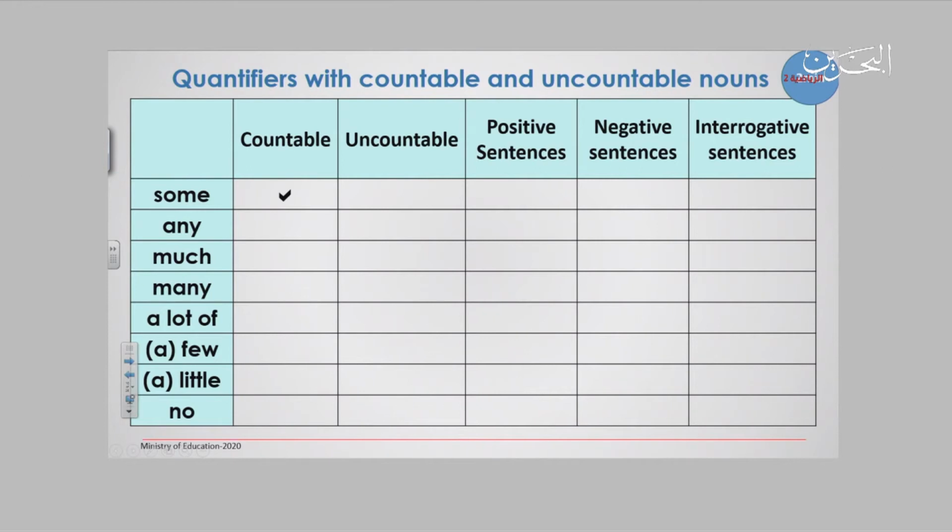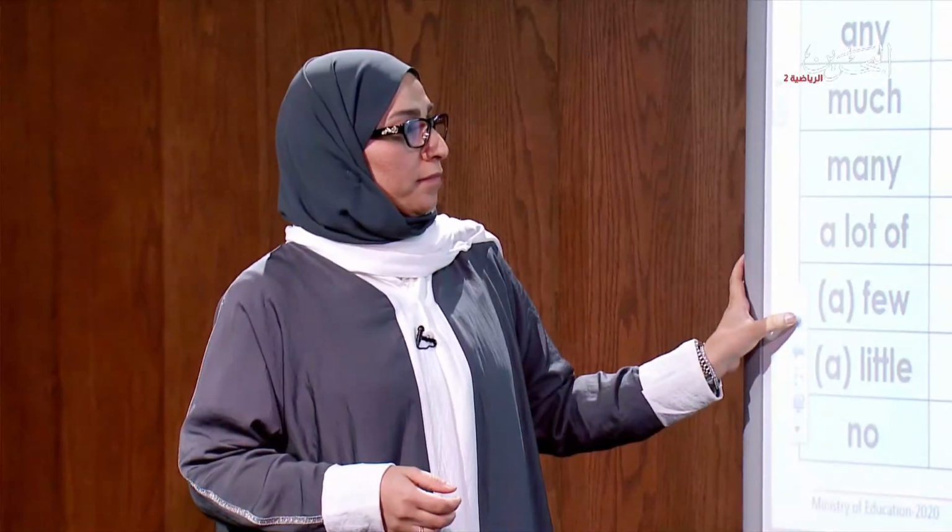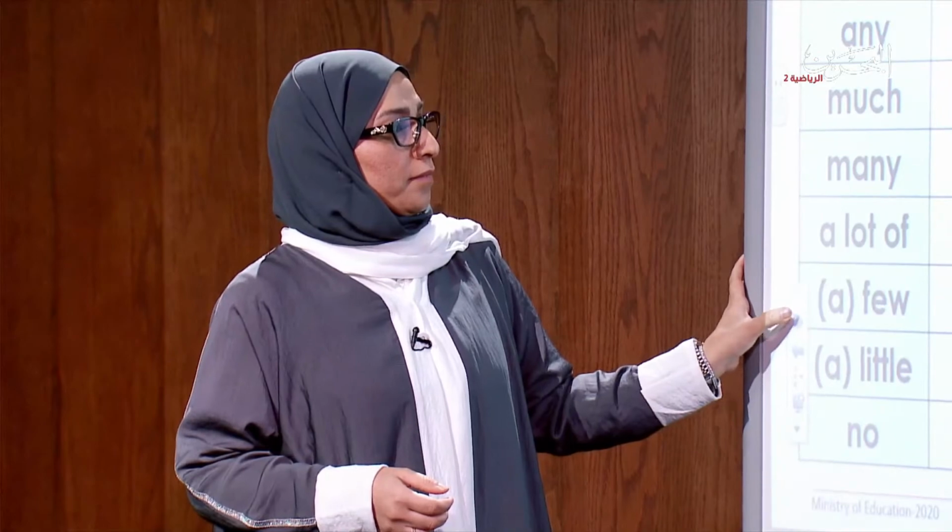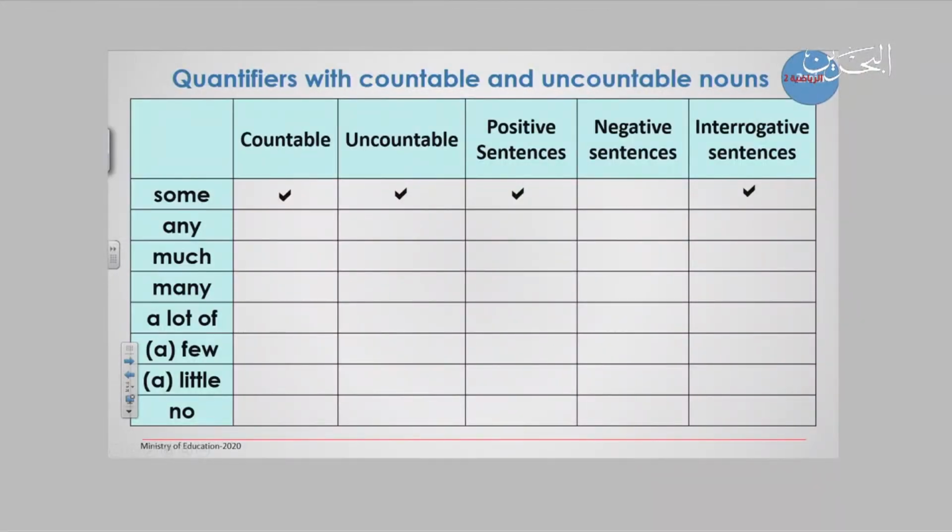These are the answers. For some, I can use the quantifier some with countable, uncountable, positive sentences, and interrogative sentences, as I told you, in a question. Check your answers with me while I'm clicking the answers, please. Any, I can use it with countable. Is there any tomatoes?